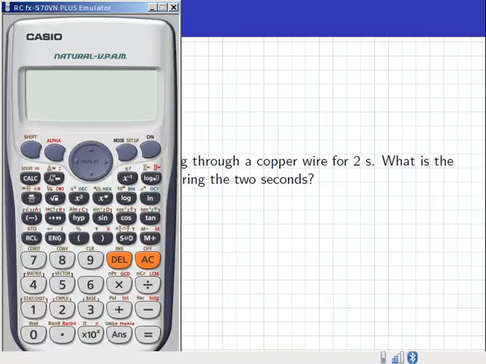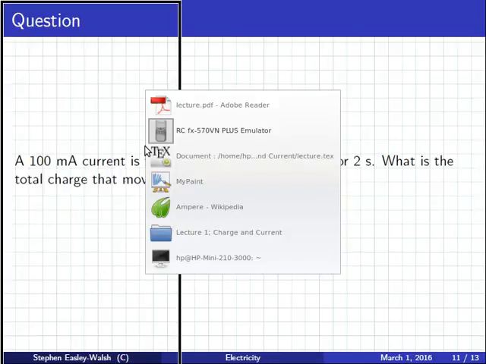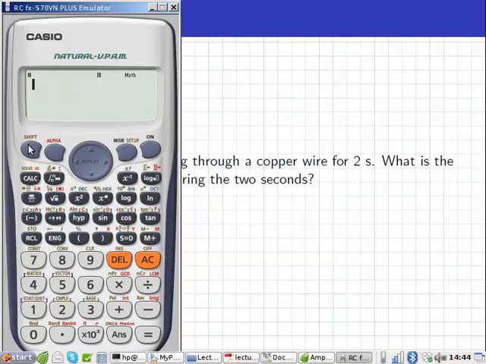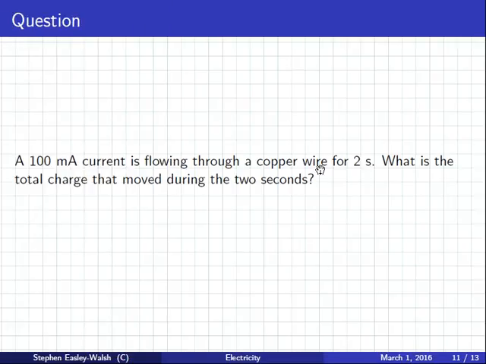Look, shift 7, 23. That's for a proton. Then if I just stick a minus in front of it, that's for an electron. Okay? Let's have a look at this one.